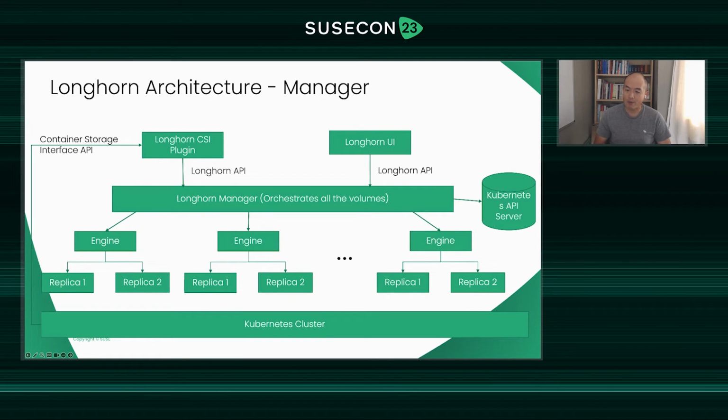But Longhorn UI provides you the full functionality of the Longhorn system, including node management and the backup, restore, snapshot, everything, right? So all this extra functionality that didn't make it into the CSI interface can be accessed by the Longhorn UI.